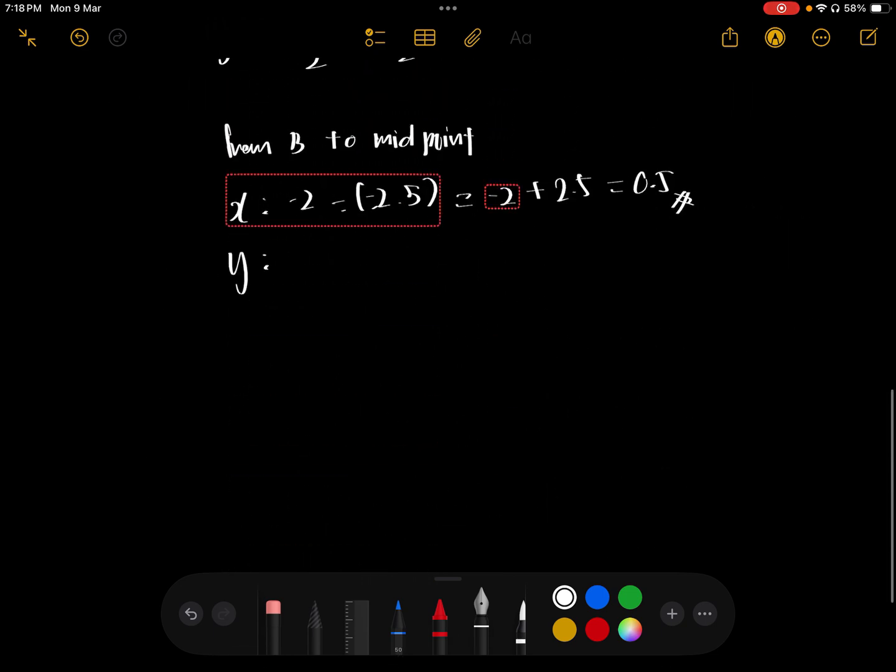This is a little more straightforward. 7 minus 4, you're looking at 3.